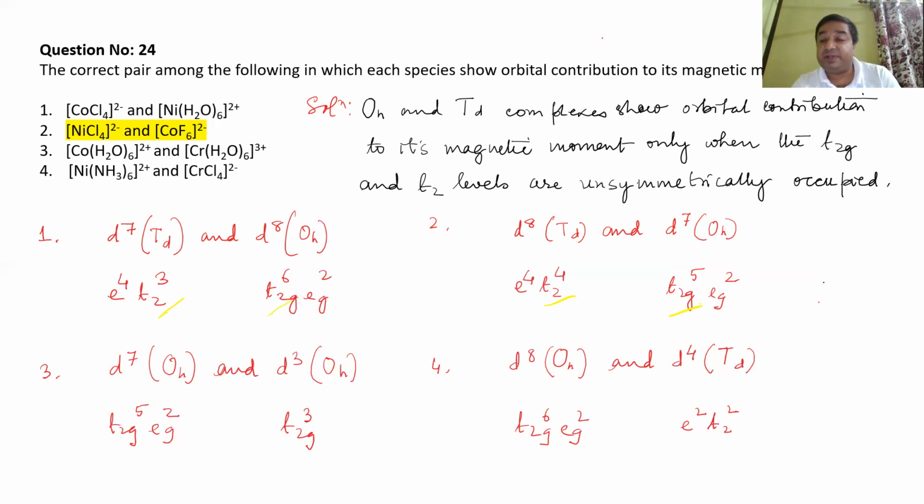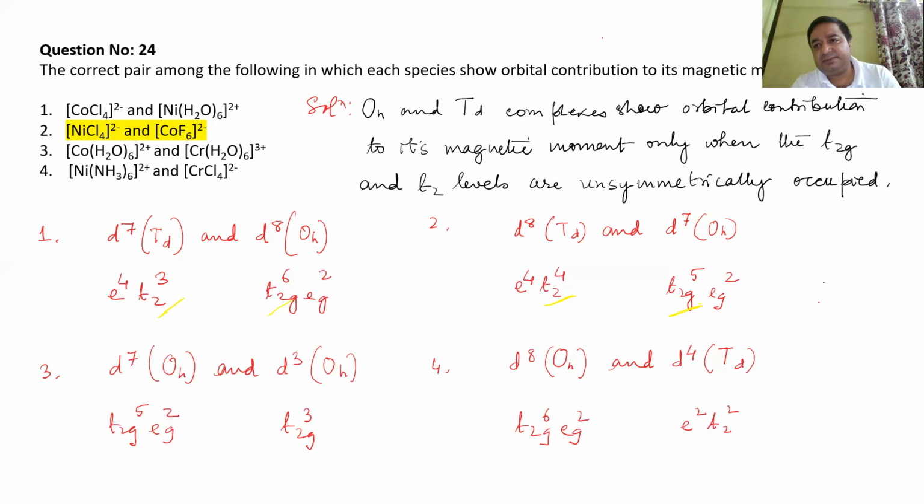Now we have to find out whether the other ones are showing or not showing. Similarly, we found out for cobalt, outside it's 2+ charge, obviously water being neutral, we will say the oxidation state of cobalt is 2. D7 system in octahedral geometry. And the next one is chromium.